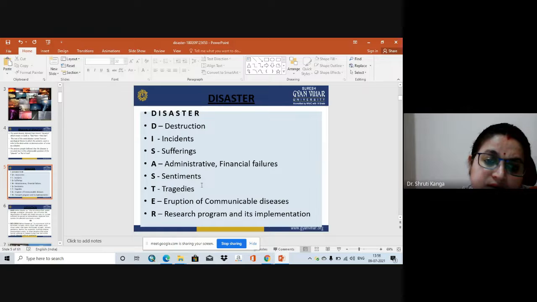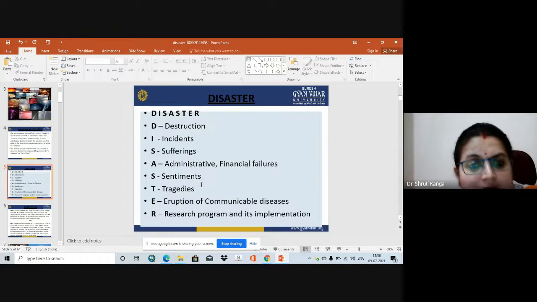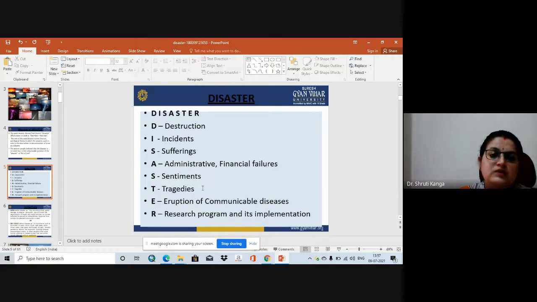Now many disaster-related research and programs are coming up for different disasters, like BSc disaster management, MSc, PG diplomas. And how these studies have been implemented at different levels, at community level, at research level, that is what R stands for. So every letter has a meaning which shows the impact of disaster.